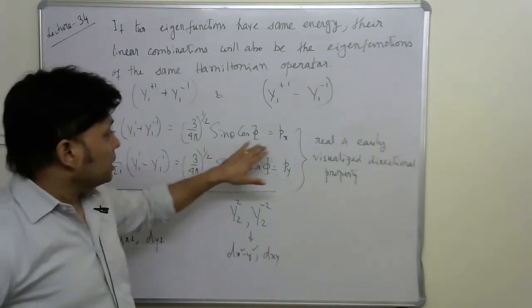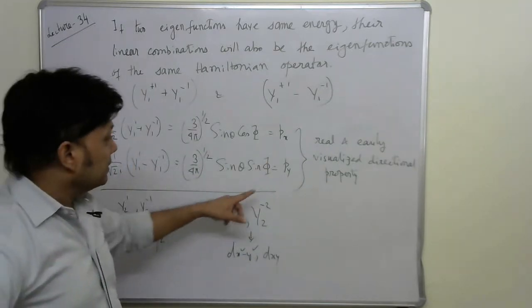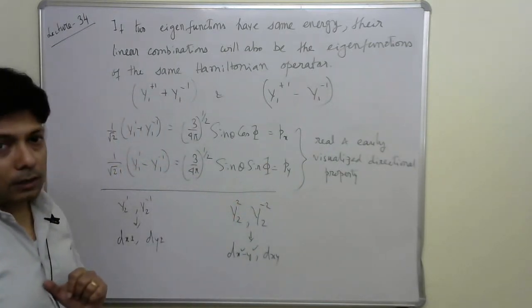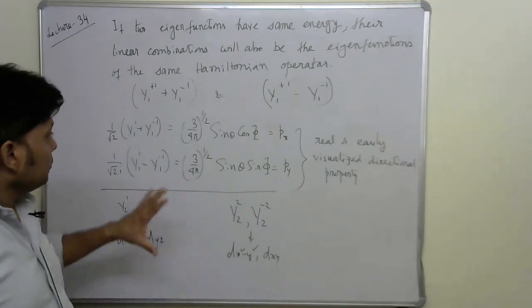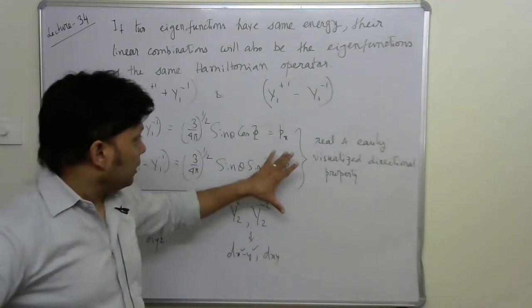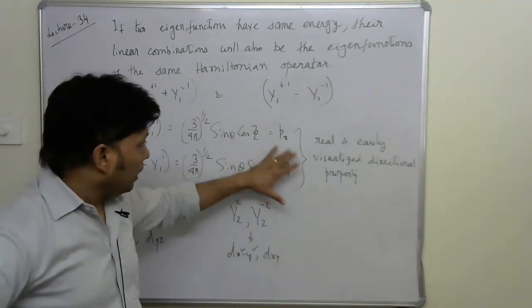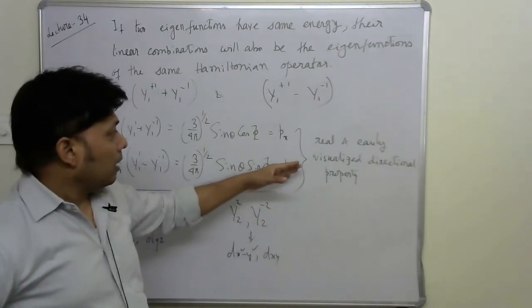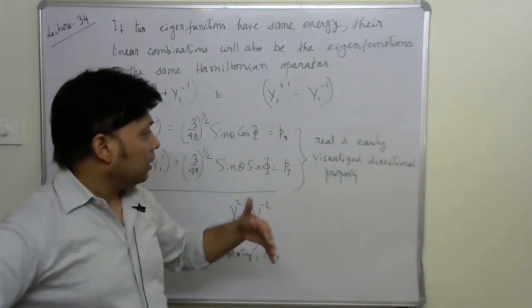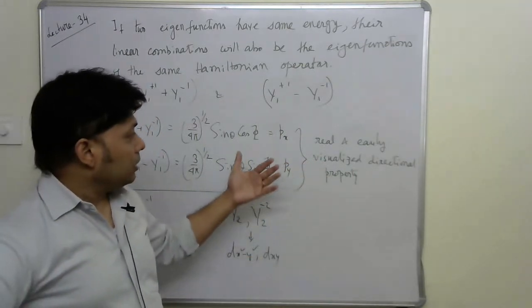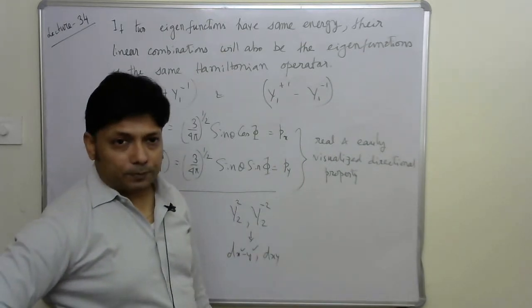So this represents the px orbital, and that represents the py orbital. Representing an orbital in this manner gives us a real picture and an easily visualized directional property.